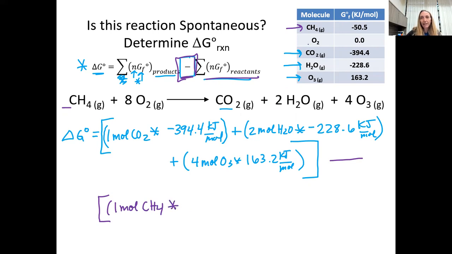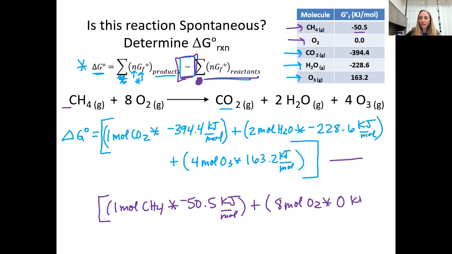I'm going to multiply that by negative 50.5 kilojoules per mole. I'm doing the sum, so I'm adding these up, do another parenthesis. I have 8 moles of oxygen, and I'm going to multiply that by 0 kilojoules per mole. That's my last reactant. So I'm going to do a close bracket.